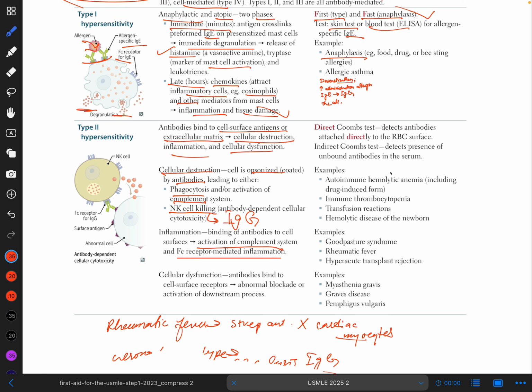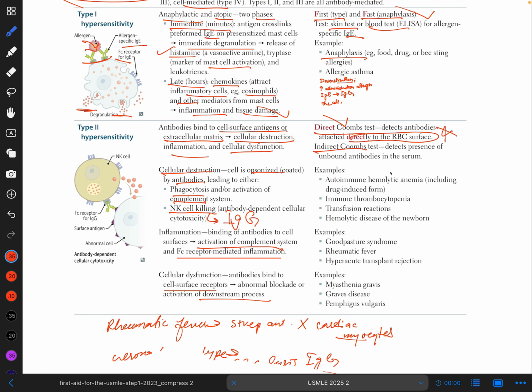For cellular dysfunction, the antibody binds to cell surface receptors and causes abnormal blockage or activation of downstream processes. For this, we also do the direct Coombs test, which detects antibody attached directly to the RBC surface, because we already gave one example, autoimmune hemolytic anemia. In the direct Coombs test, we can detect whether there is an antibody against the RBC surface or not.